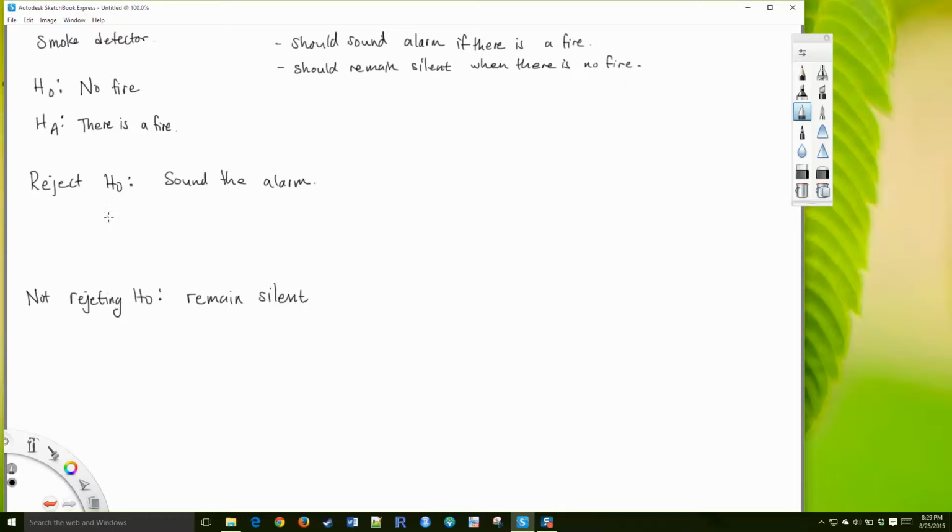Okay, rejecting the null is good if there is a fire. Null hypothesis is false. And this is bad if there is no fire.